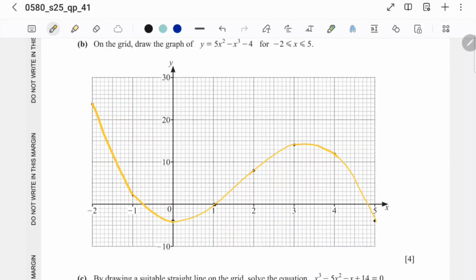Alright, so we got the graph of y is equals to 5x square minus x cube minus 4.